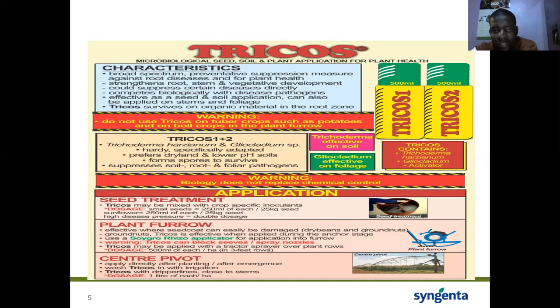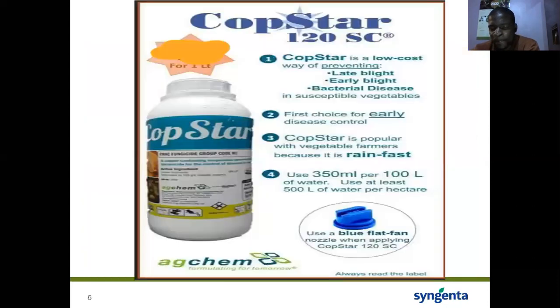Okay, so tricos will be able to control bacterial infection. So it's better you apply it as a preventive for you to have perfect results at the end of the day. So we've got another chemical known as copster. Copster is a copper containing fungicide and also bactericide.